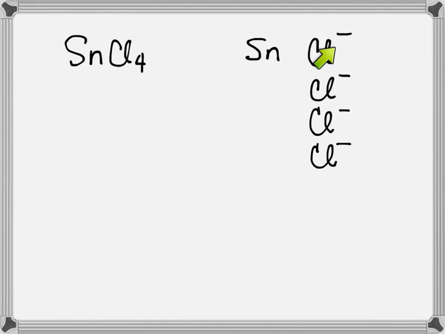SnCl4, the 4 tells me I have 4 chlorides. Sn with no number tells me I only have 1 of those. So what's the total charge on those 4 chloride ions? -4. Okay, if this is a compound, then the total positive charge must be 4 plus, right? Because the positive and negative charges have to add up to 0.